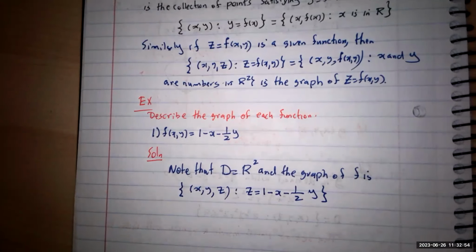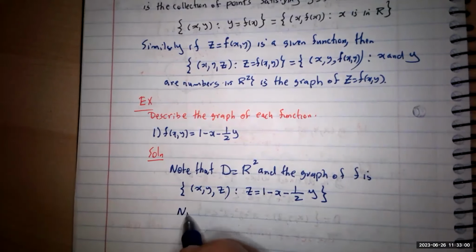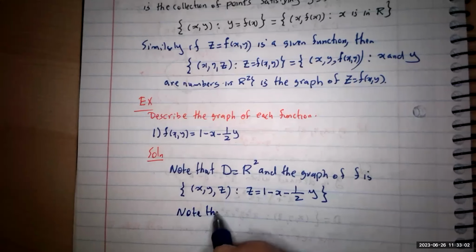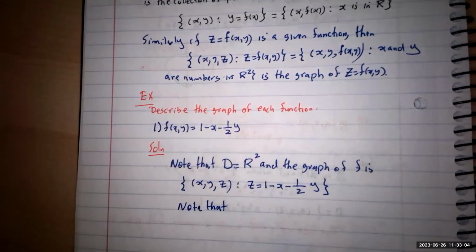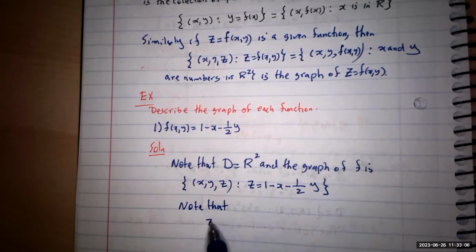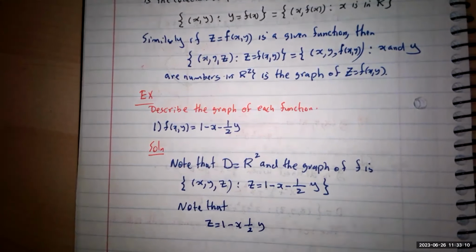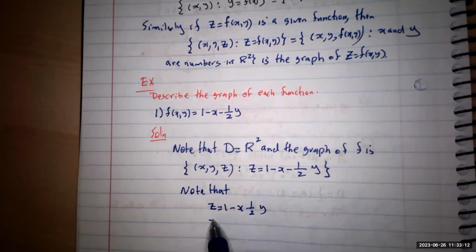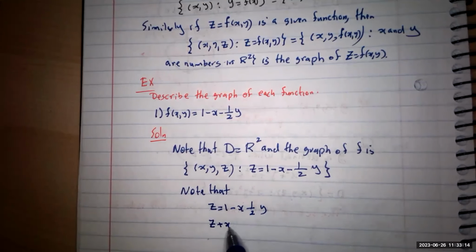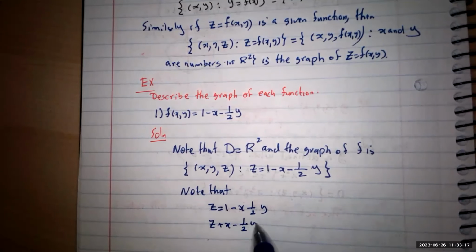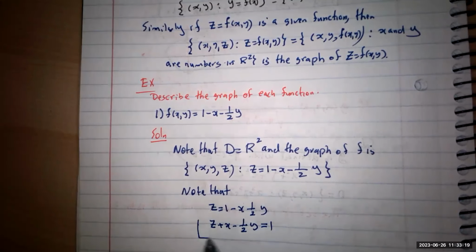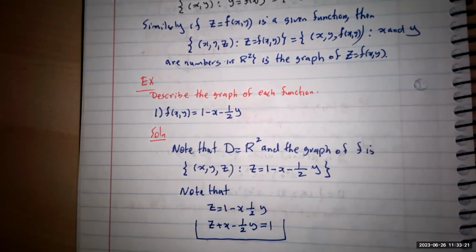Now you have to give us a description of this equation. Let's see if you know this equation in R3. Note that I simplified a little bit to help you. z equal to 1 minus x minus 1/2 of y is the same as z plus x plus 1/2 of y equal to 1. In R3, can you tell us what this is?